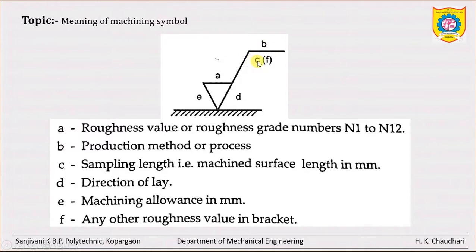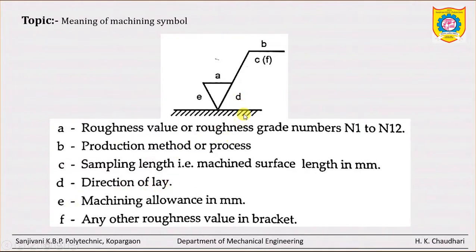Then in place of C, C is the sampling length, or you can say the part or machine surface length in mm. That means the length of that part which we have to consider for this testing purpose. Then D is the direction of lay.